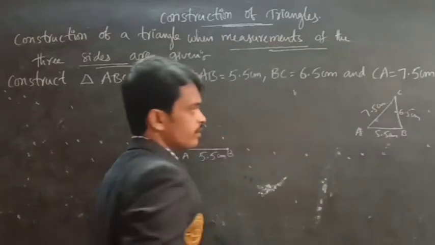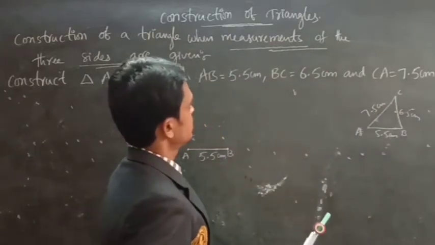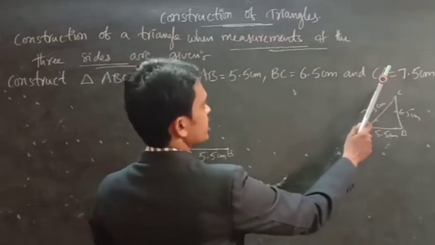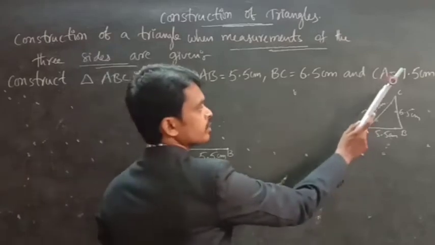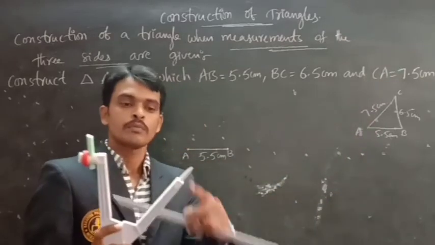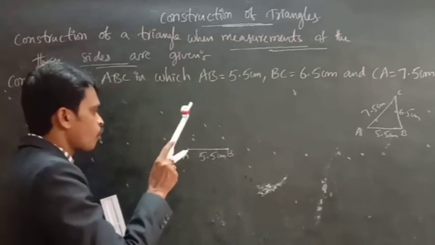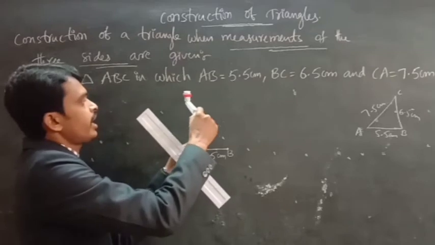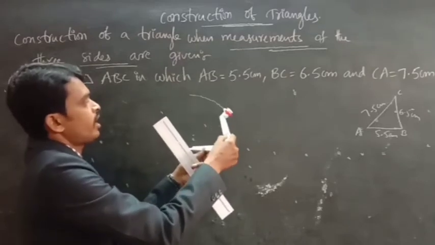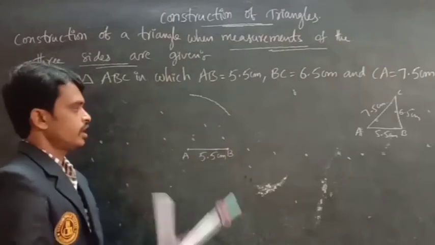What is 7.5 centimeters? It is CA. So this pointer of the compass we place on point A, and with center A we draw an arc using the compass.